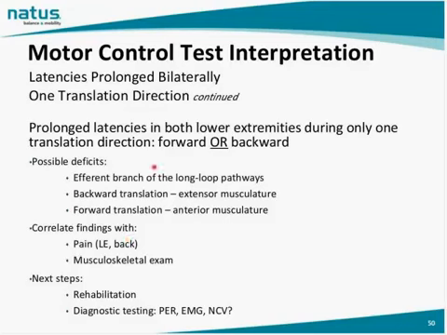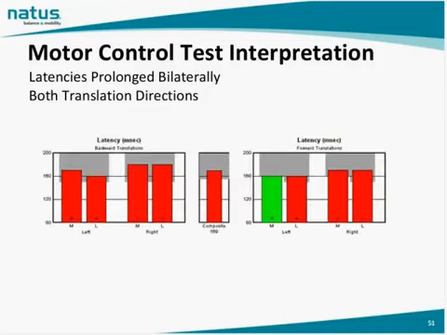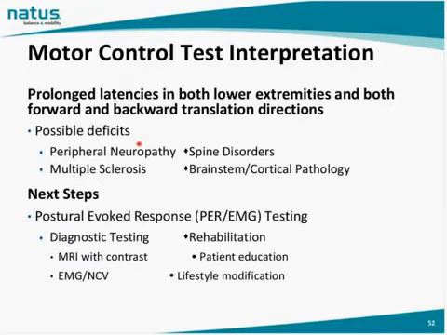Another recommendation from some people would be to use, for example, tuning fork analysis to look at deep tendon sensation. And if you have both directions and both legs, then quite probably it's peripheral neuropathy. Multiple sclerosis would be something to consider. Again, however, this is not diagnostic specific.